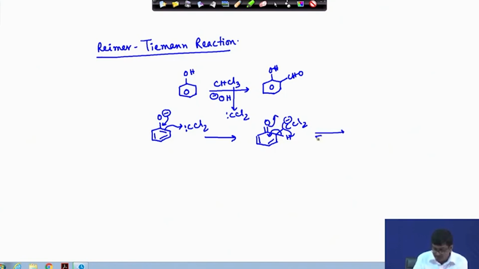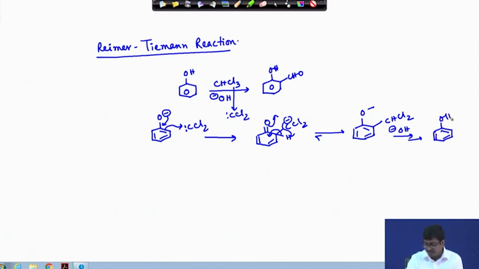So, overall, then the corresponding hydroxide attack, and once this hydroxide attacks, chlorine will be liberated, and finally, that will give the corresponding salicylaldehyde as the final product.